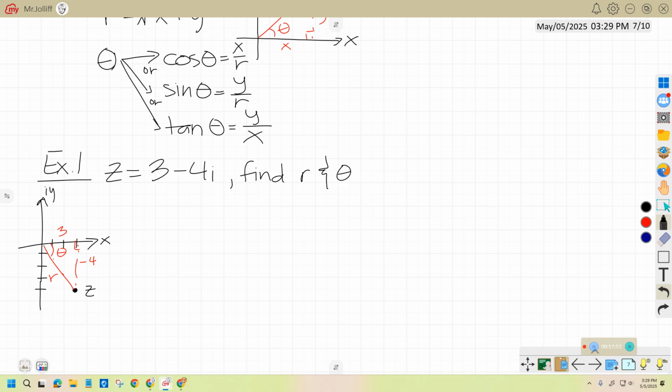The nice thing is we have equations for that now. To find r, we're just going to grab that reformatted Pythagorean theorem. r is the square root of x squared plus y squared. My x is positive 3. My y is negative 4.